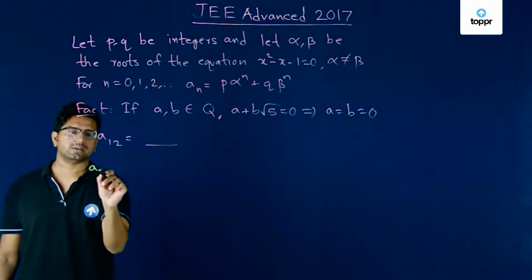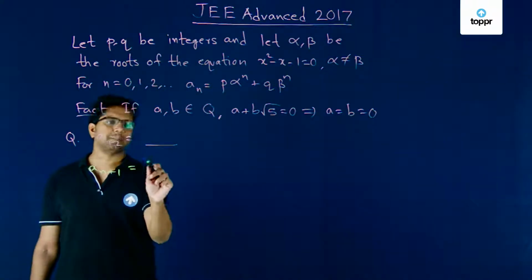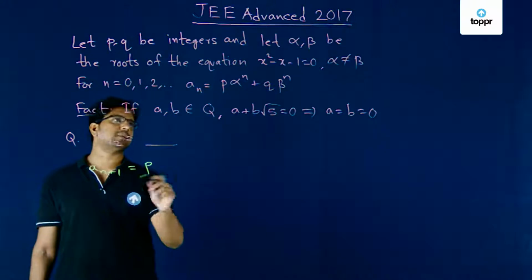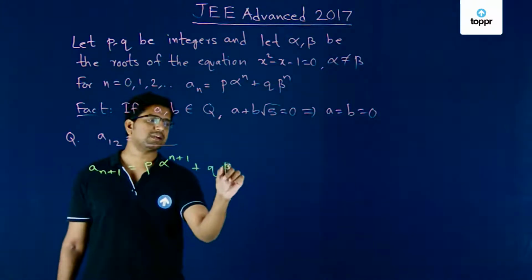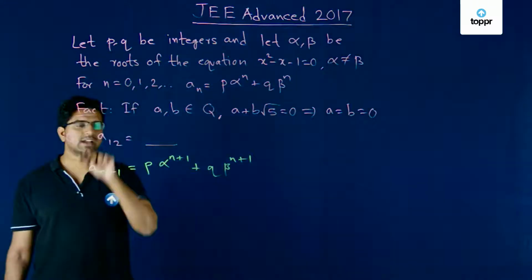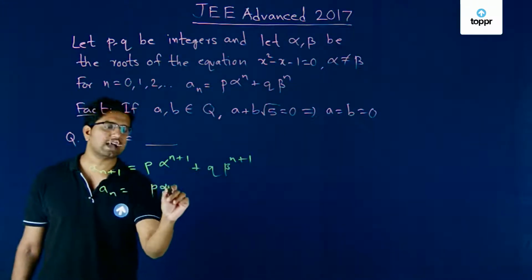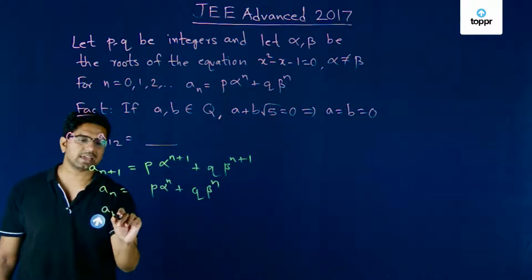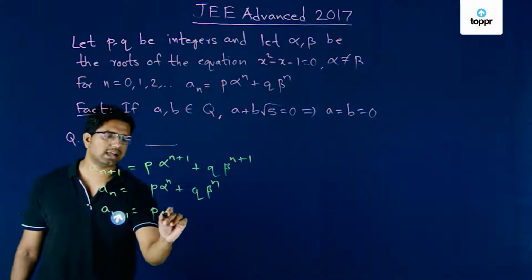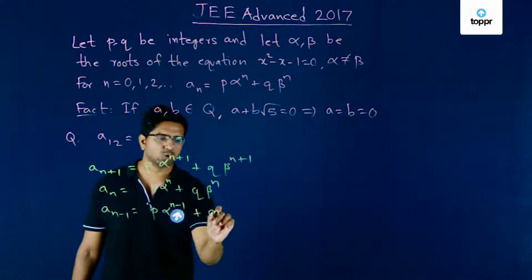So if you take a n plus 1, it is equal to p alpha power n plus 1 plus q beta power n plus 1, right? And similarly, if we take a n, that will be equal to p alpha power n plus q beta power n. And finally, a n minus 1 will be p alpha power n minus 1 plus q beta power n minus 1.